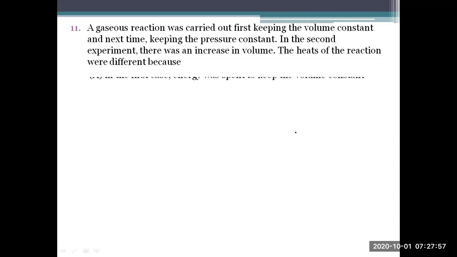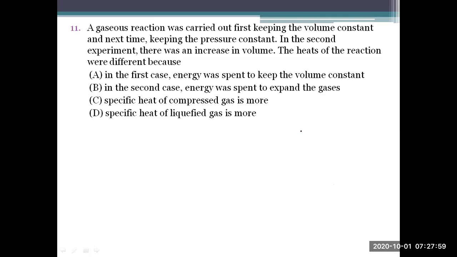We'll take up 11th one. A gaseous reaction was carried out first keeping the volume constant and the next time keeping the pressure constant. Okay, so one gaseous reaction at 2 different conditions, volume constant and pressure constant. In the second experiment, there was an increase in volume.